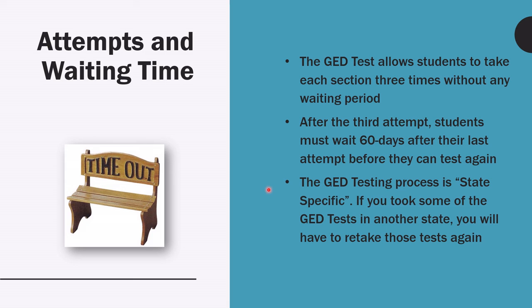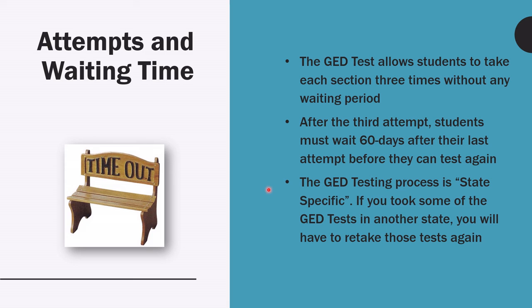Also, my friends, the GED testing process is state specific. So if you already took some of the sections of your GED test in another state, and now, for example, you're here in Texas and you want to finish the rest of your sections, well, guess what? I have bad news for you. You're going to have to retake all the sections again. So make sure that while you are taking your GED test, you stay in the same state.